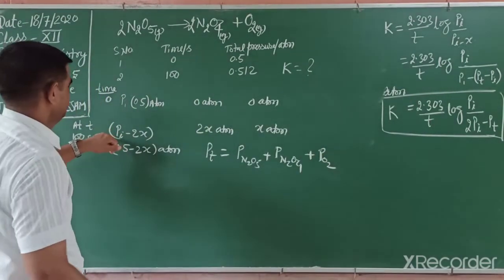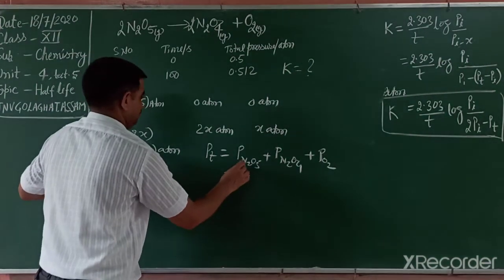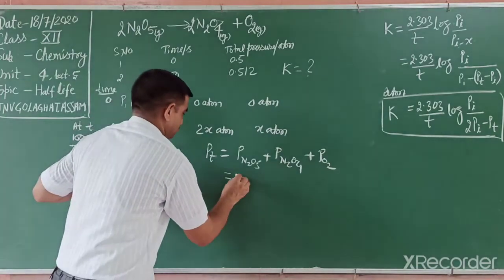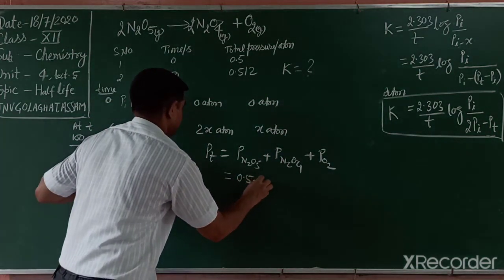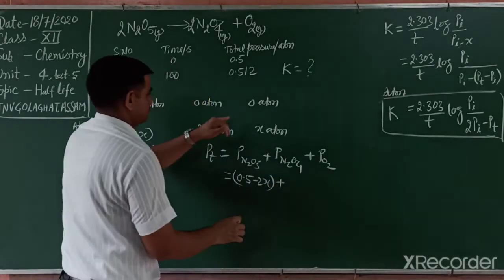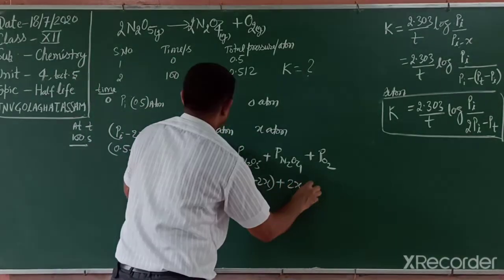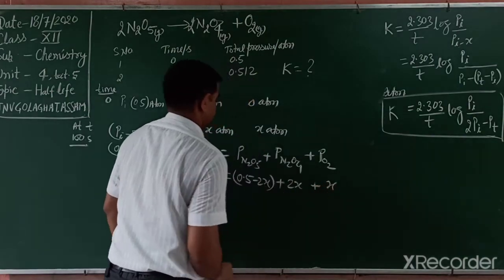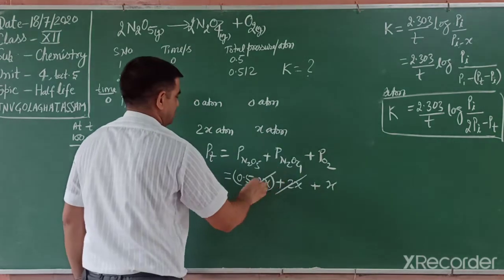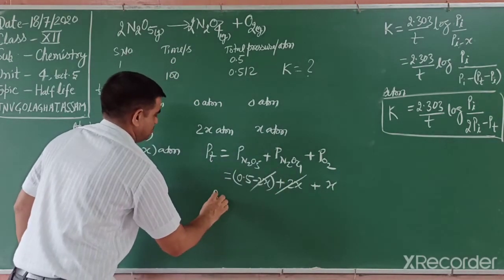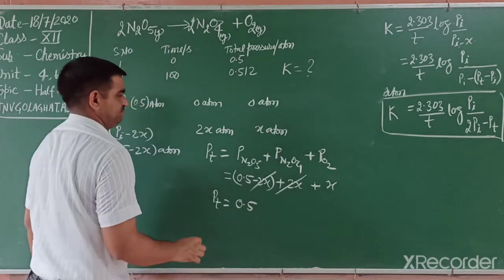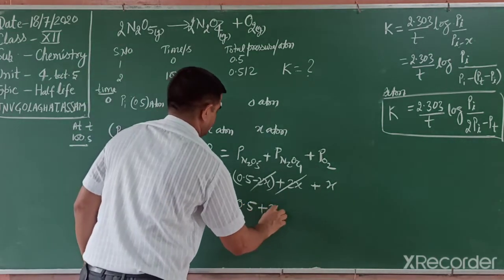So P total is equal to, in place of Pi minus 2x, 0.5 minus 2x, plus 2x plus x. When we solve this, minus 2x and plus 2x cancel. So we write P total is equal to 0.5 plus x.